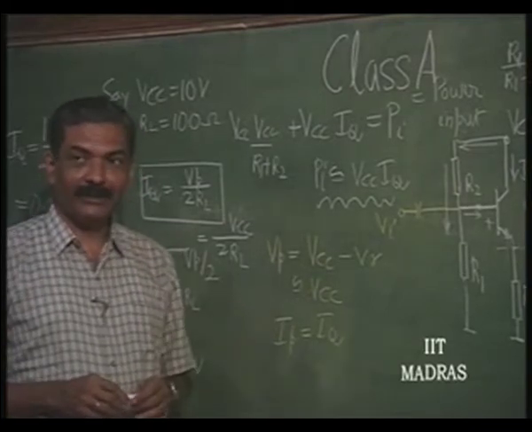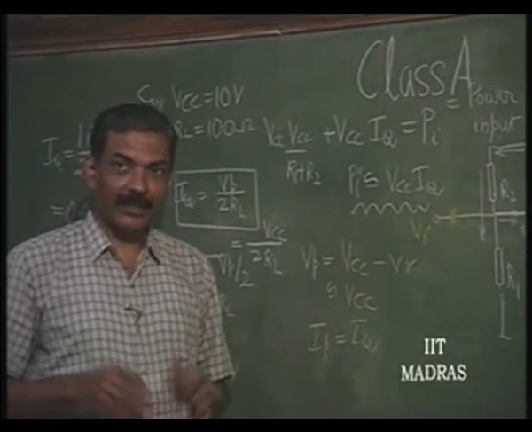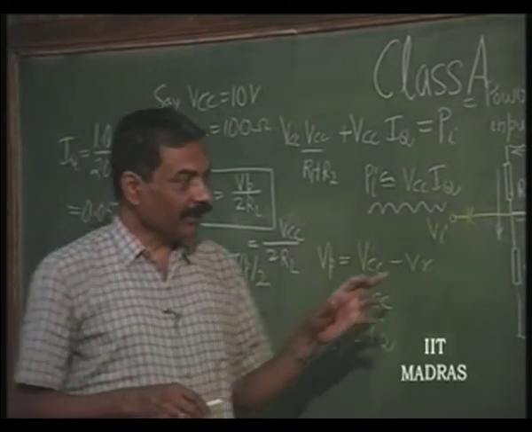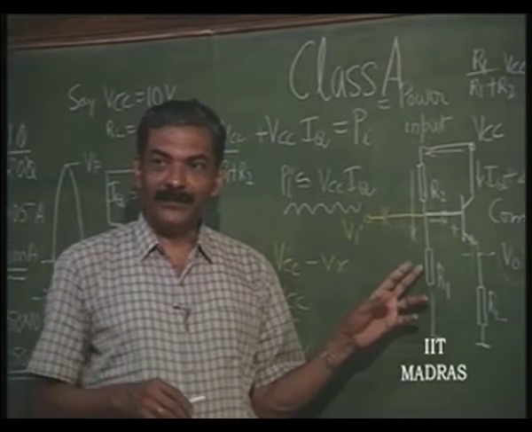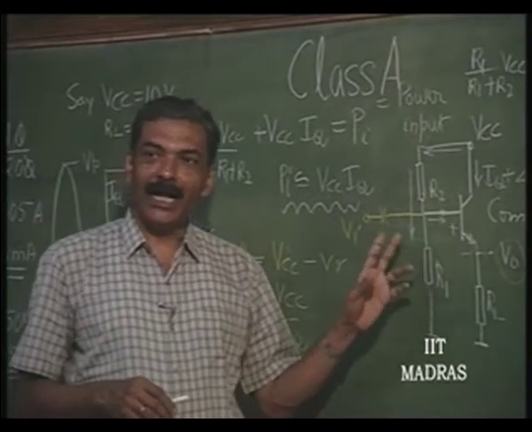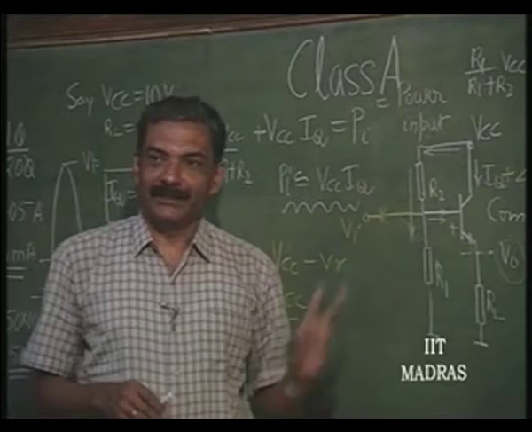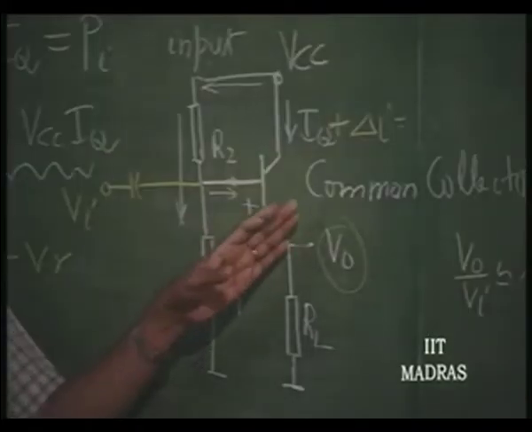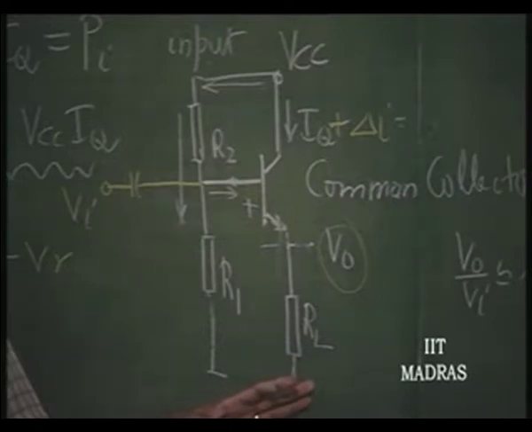Now, let us see what the efficiency is under the best condition. For the efficiency to be maximum, the signal has to go up to VCC, because maximum power has to be dissipated in the load. What is the power dissipated in the load? Let us discuss this.